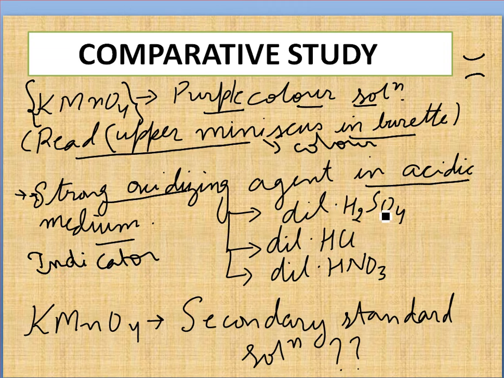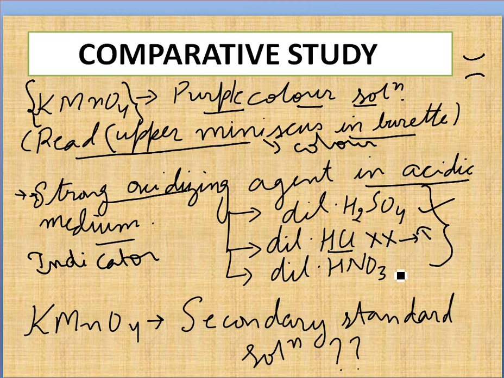Now with the titration of ferrous ammonium sulfate with KMnO4, there are three acidic media possible. You can add dilute H2SO4. Okay, if the examiner asks, you can add dilute HCl in ferrous ammonium sulfate, then it will not be recommended because it will react with KMnO4 and the reading will be high.